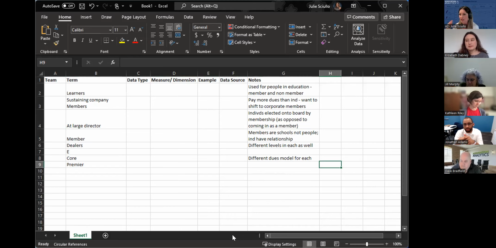You want to focus on what you want that definition to be. So in the example that Jill gave, you want to note that it's a sustaining company member. But when you actually put together your data dictionary, you want to use the new term, because that's what you want everybody focused on, exactly what that new term is and how it's going to be used.